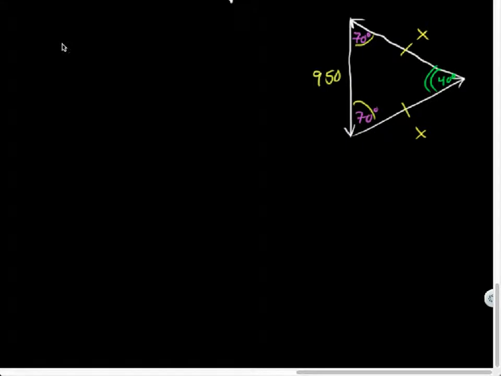Would the law of cosines be helpful? Hey, I've got a pair of an angle and its opposite side, so I'm actually interested in the law of sines: a over sine A equals b over sine B. You might remember the law of sines, good stuff.